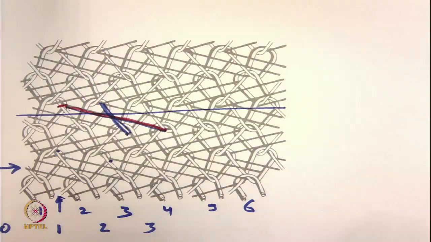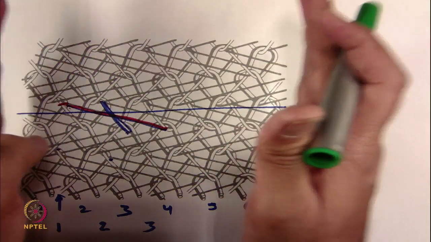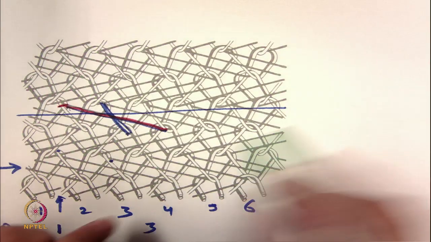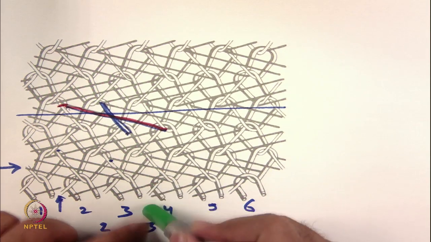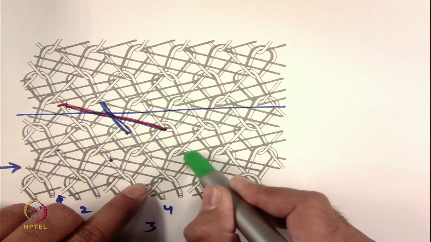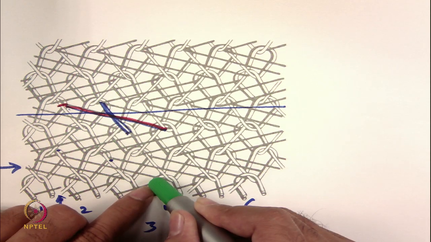Either you have the full fabric view, then it is fine. Otherwise, if you have a very small sample selected from the fabric surface area, you need to be very careful with the position of the guides. So, let us suppose I start from the third position. If I start from third position, the black yarn first makes the loop in this. If you follow this one, from here you start making.